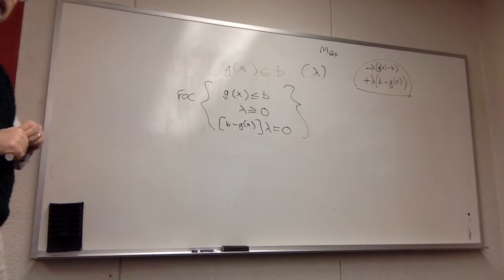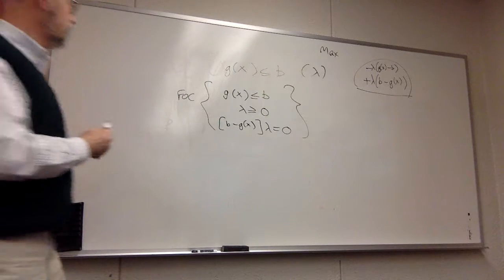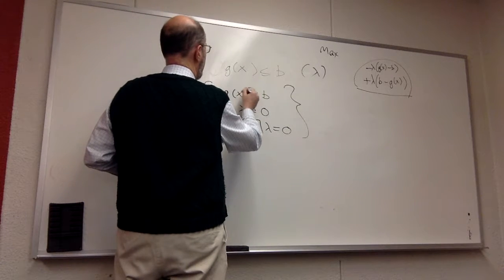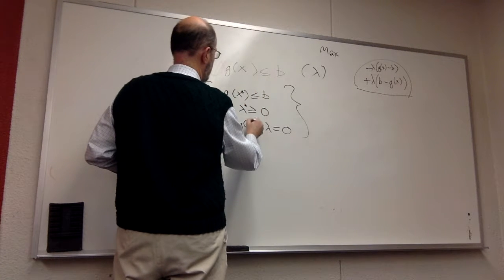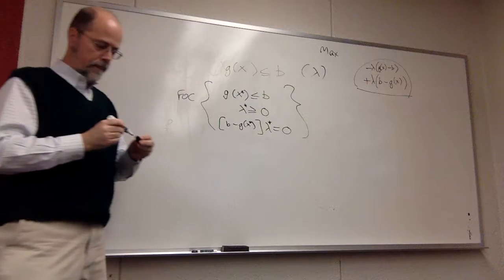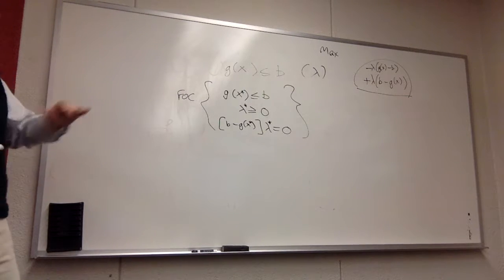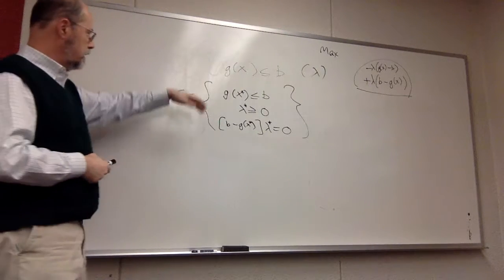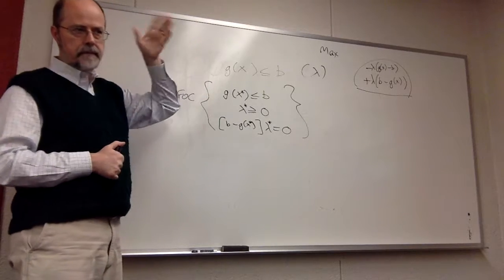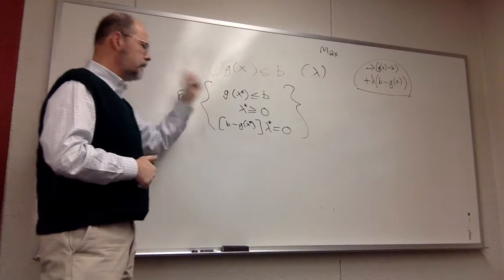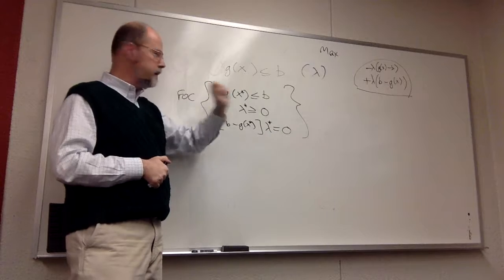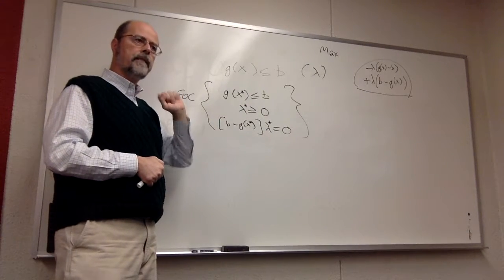Again, all of these are supposed to hold for some optimal solution, star. Okay, so, interpretation. Number one, the most obvious, you respect the constraint. Number two, if you wrote your Lagrangian right, your multiplier will be non-negative.